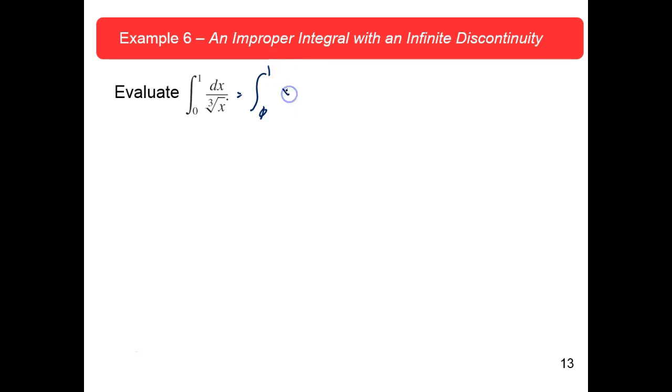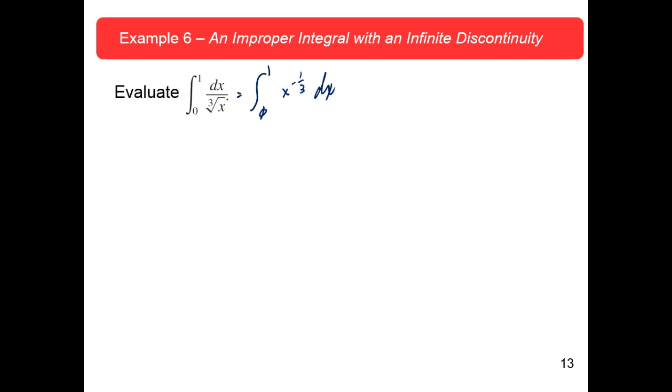It would be x to the minus 1/3, dx. Actually, it's probably easier to see what the problem is on the left, but to do the integration, we're going to need it like the one on the right. What's the problem? You can't divide by 0, so that doesn't look like it makes any sense whatsoever.